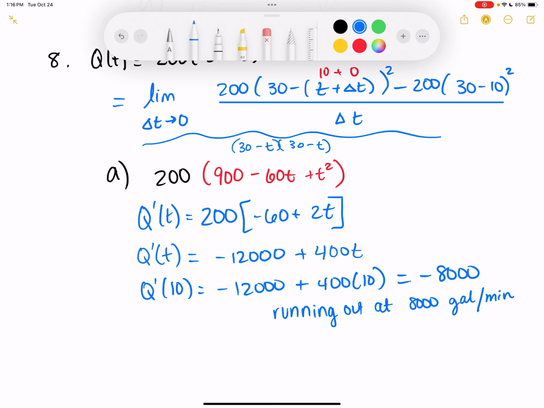Okay. So now, what is the average rate at which the water flows out during the first 10 minutes? This is where we're going to use what we started with up here.